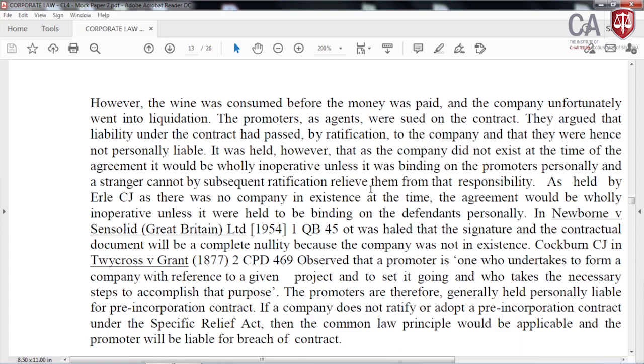pre-incorporation contract. If a company does not ratify or adopt a pre-incorporation contract under the Specific Relief Act in England at that time, then the common law principle would be applicable that such company will not be liable for that pre-incorporation contract, and the promoter will be liable personally for breach of contract if such a pre-incorporation contract was not ratified under the Specific Relief Act.